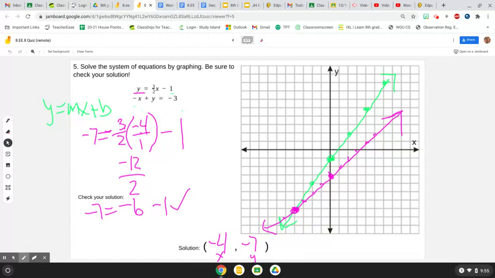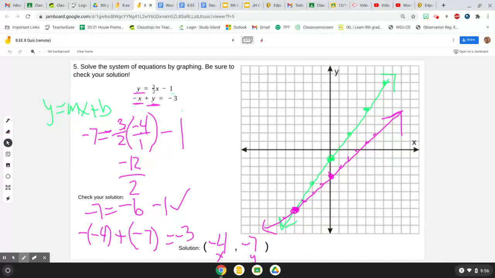Okay, so for the next one, this one can be a little tricky, but here's how this works. So this one starts with -x. Well, -x, so I have negative, and then my x is also a -4. So it's like I have a double negative. So I can't just get rid of one of the negatives. I have to keep both of those. And then it says plus y, which y I think is -7. I'm just going to put it in parentheses because there's a plus and a minus there.